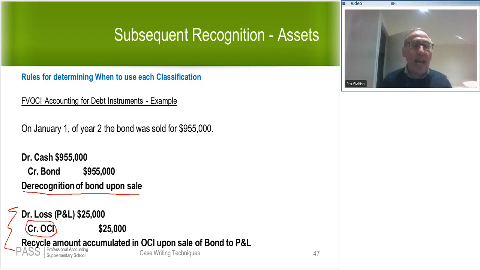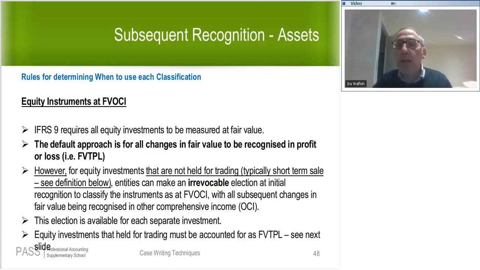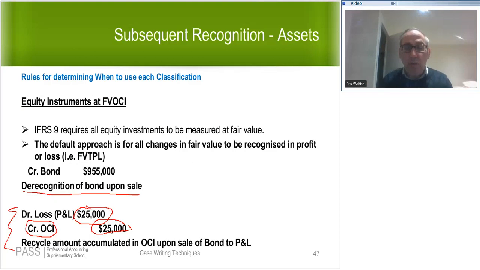Now, so Navita asks, what happens if it was sold? Let's say instead of being sold on January 1st of year 2 at $955,000, let's say it was sold on November 1st of year 2, and at that point the bond was sold for $950,000.